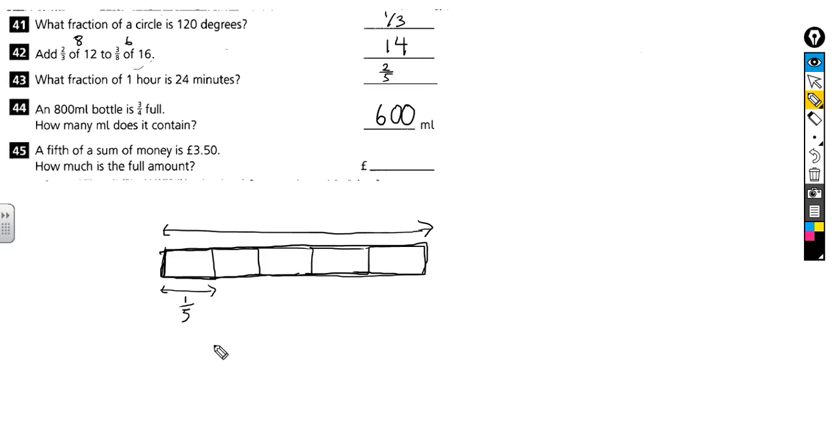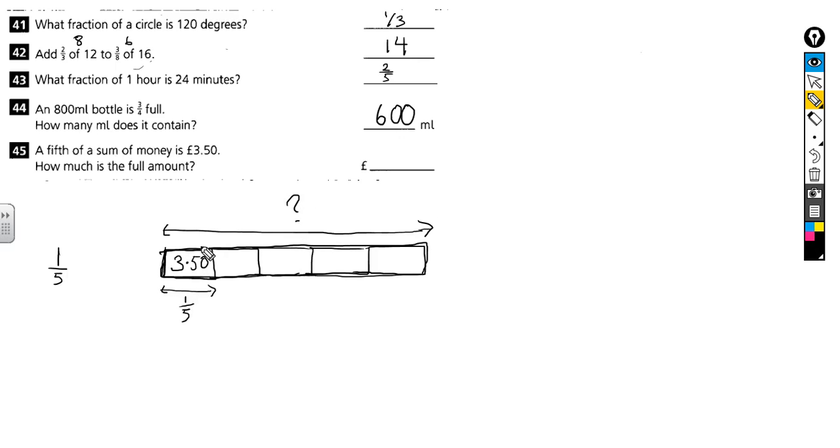We are told that 1/5 of a sum of money is £3.50. So this is £3.50. One of these is £3.50, and we want to know what this whole amount is.